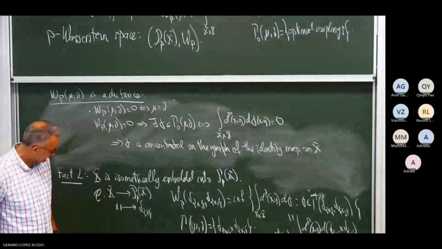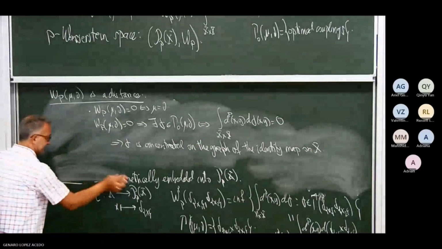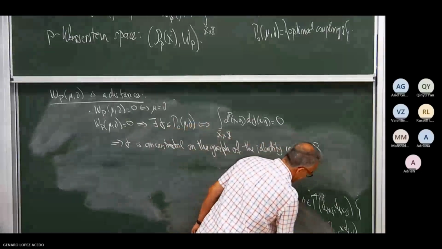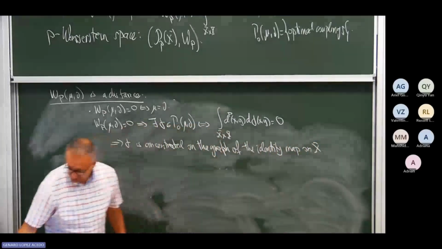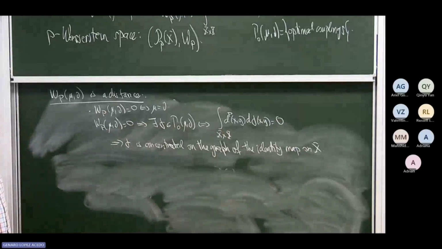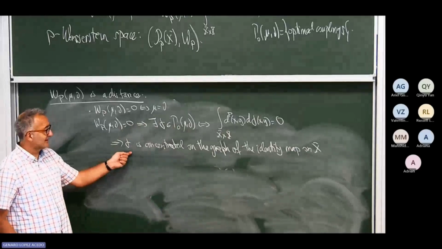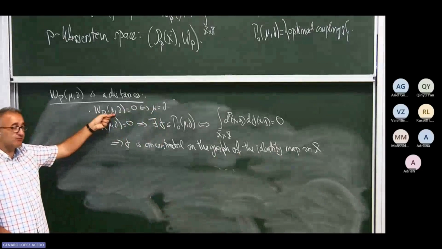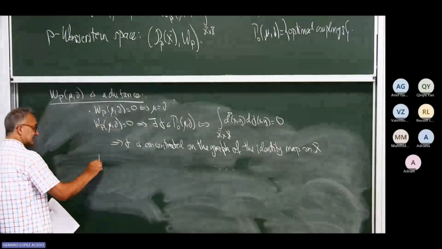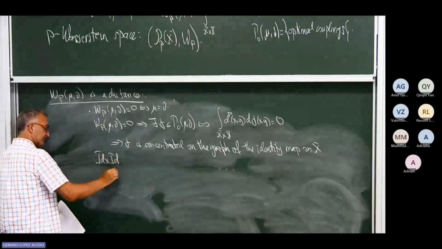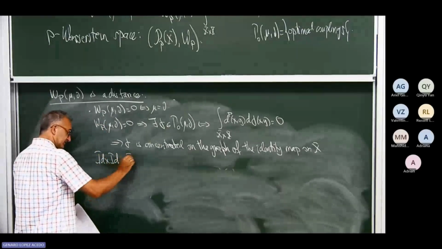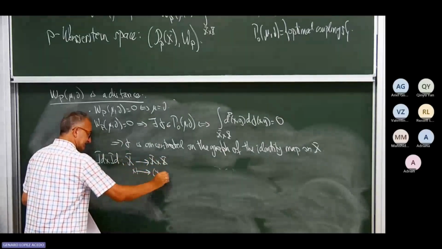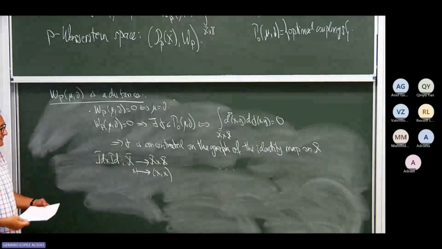And it's not hard to see that if that is the case, if gamma is concentrated on the graph of the identity map, and the marginal of gamma has to be mu, then it has to happen if we consider this, because we go with a push forward measure. This is mapping for the push forward measure.